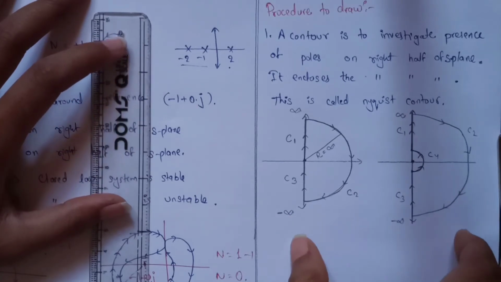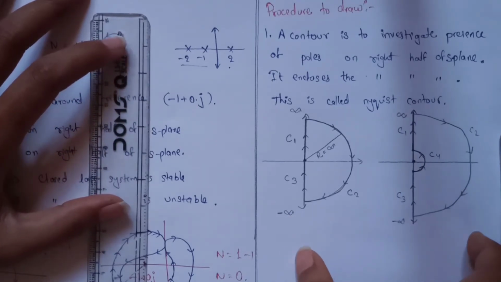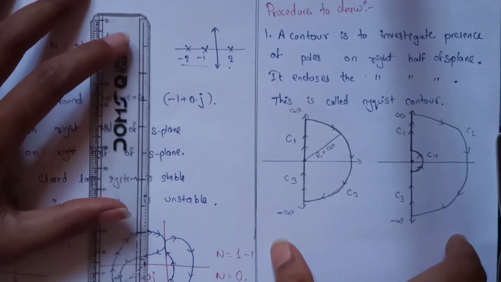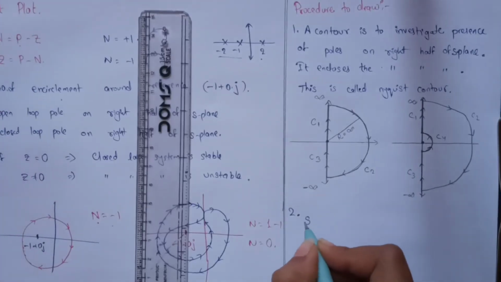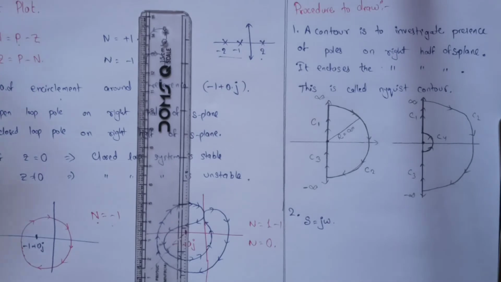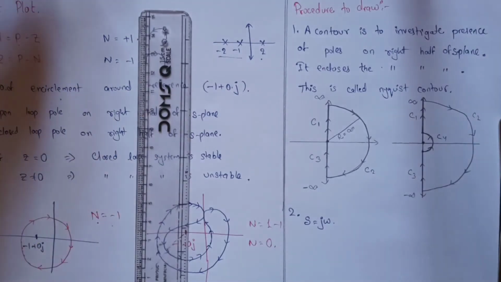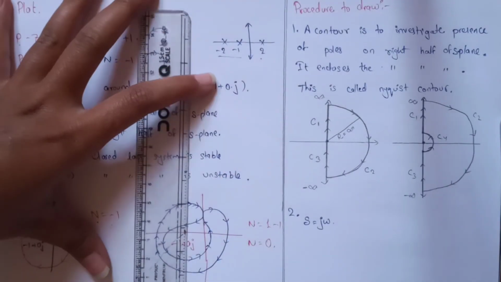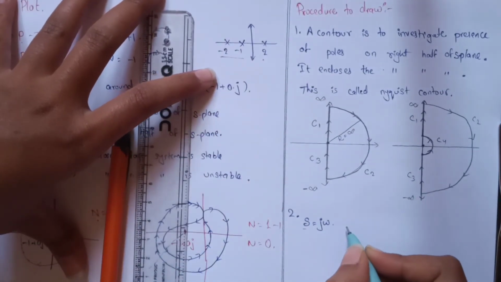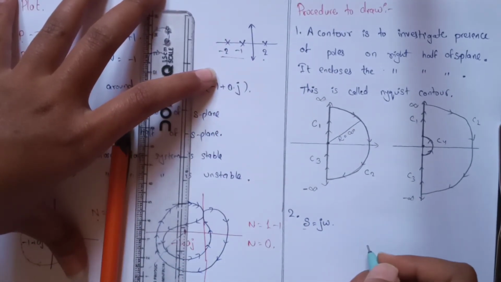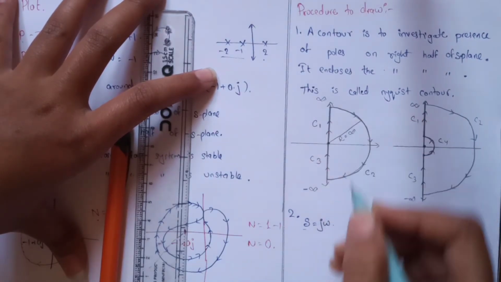So these contours have to be drawn as the first step of drawing our Nyquist plot, and for the next step we have to substitute s equals j omega in the transfer function. I mean, the given question will give the transfer function only, so we have to substitute s equals j omega in the transfer function, and here the omega varies from 0 to infinity, right?